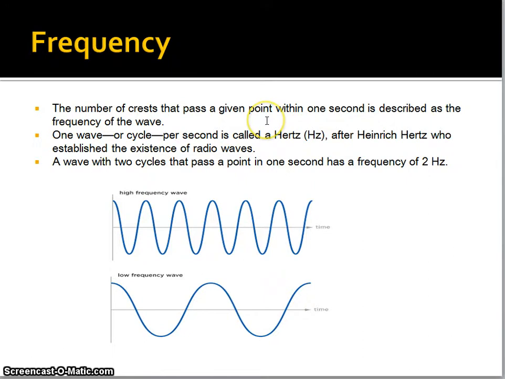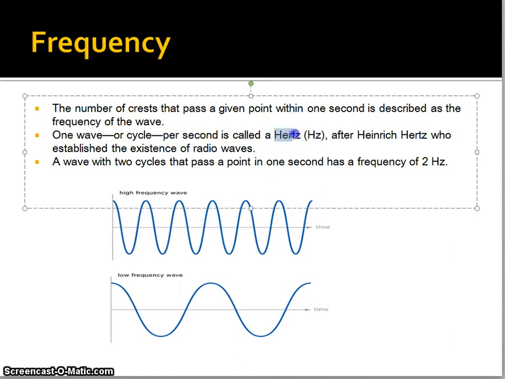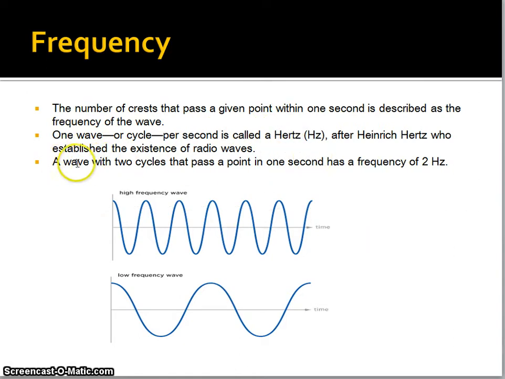And one wave per cycle is called a hertz. I'm not sure if people have heard that before, but that's what a hertz is. And a wave with 2 cycles that pass a point in 1 second would have a frequency of 2 hertz.